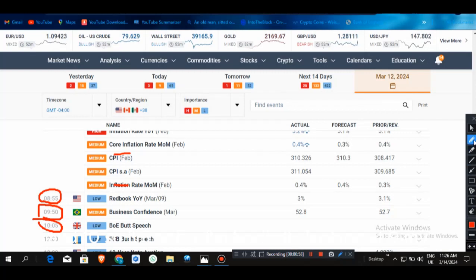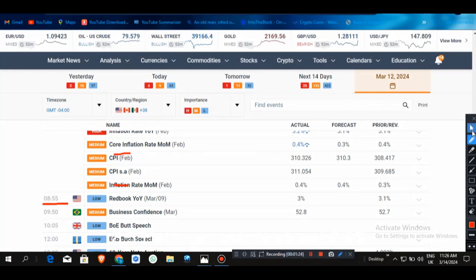So I'm basically looking at 9. So 8:30, 9:30. Combining two sources, we are actually getting 9 as a mover. So let's go to the chart and check it out.